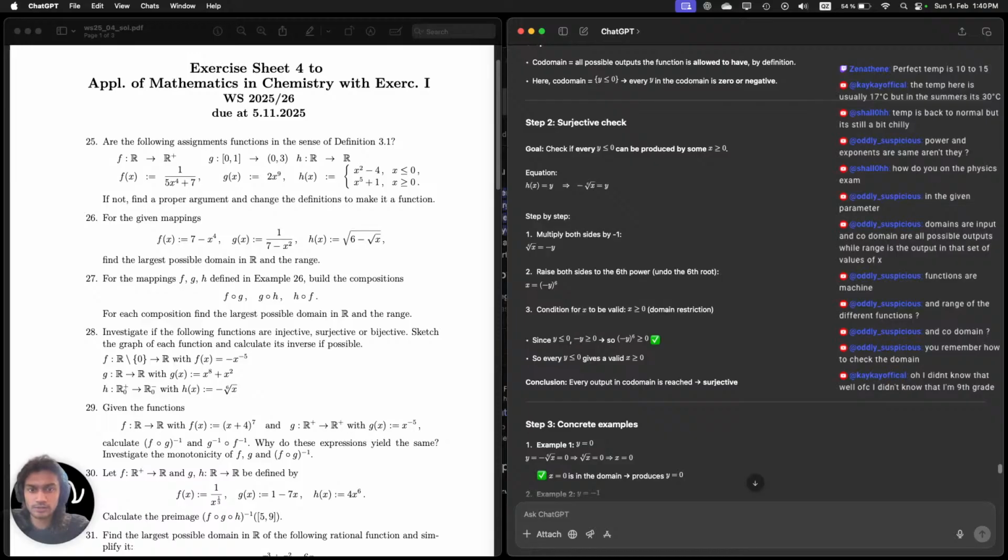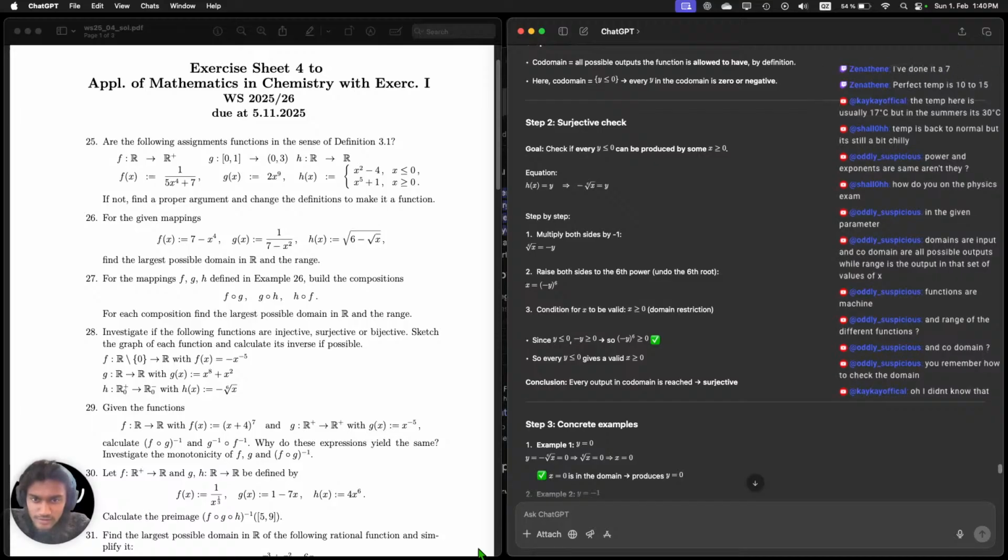Perfect temp is 10 to 15. Yo, you can't just wear a t-shirt and go outside at 10 to 15. Hey, new members. Zenatin, am I saying the name right? I've done it at 7. Are you talking about the temperature? You went outside at 7?